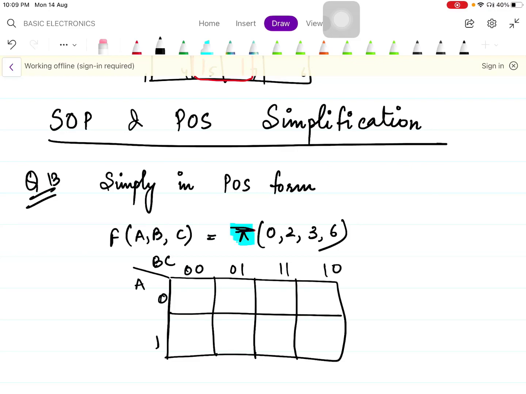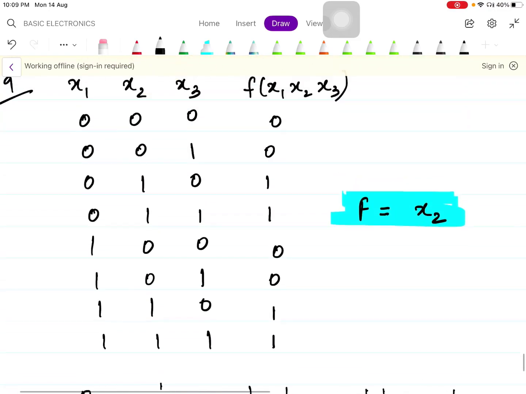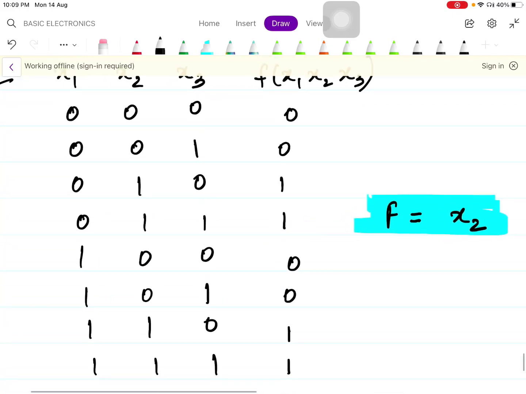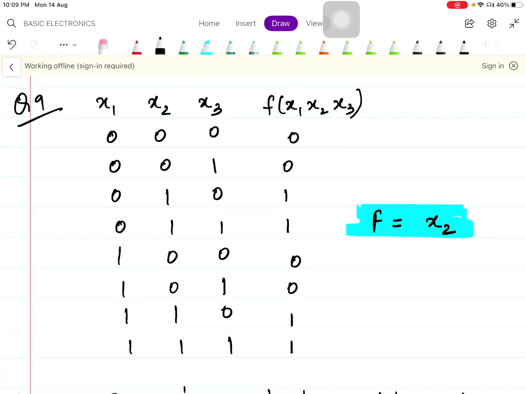Now let me remind you of the concept which we have already studied in the previous lecture. As you can see, let us take the example of this question. When I asked you to solve this question, I asked you to fill the min terms. So the remaining ones are by default the max terms. All right. So these are the min terms.